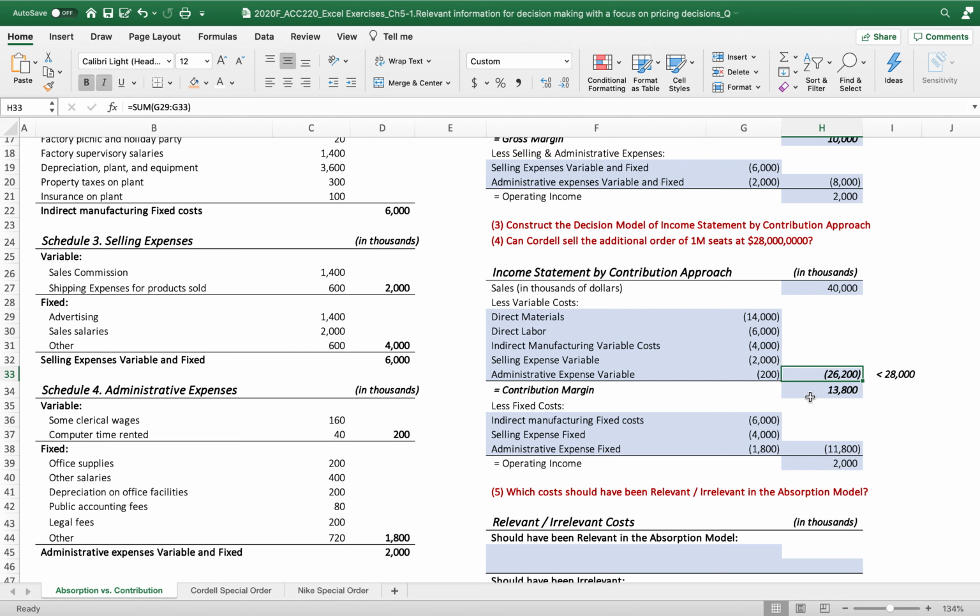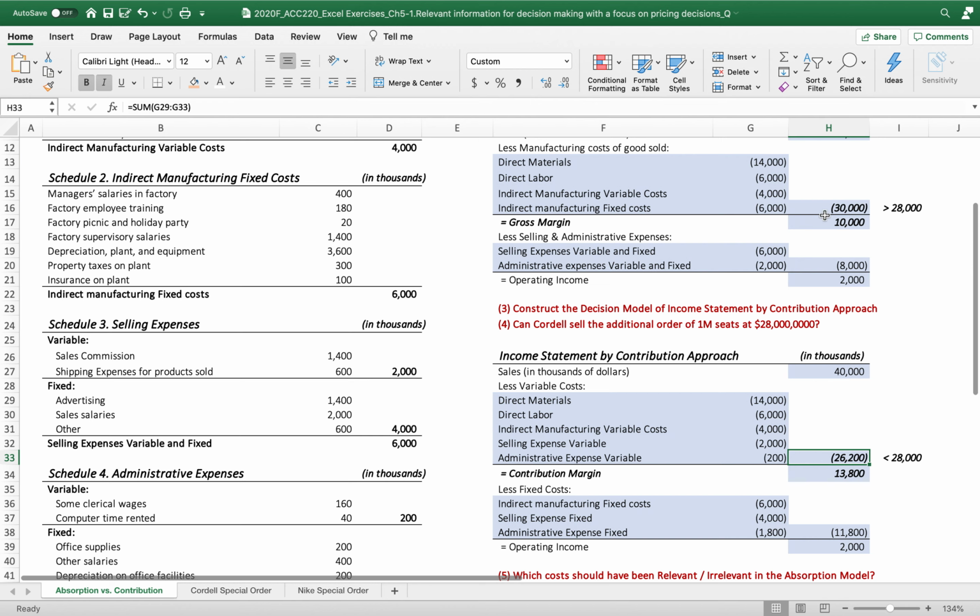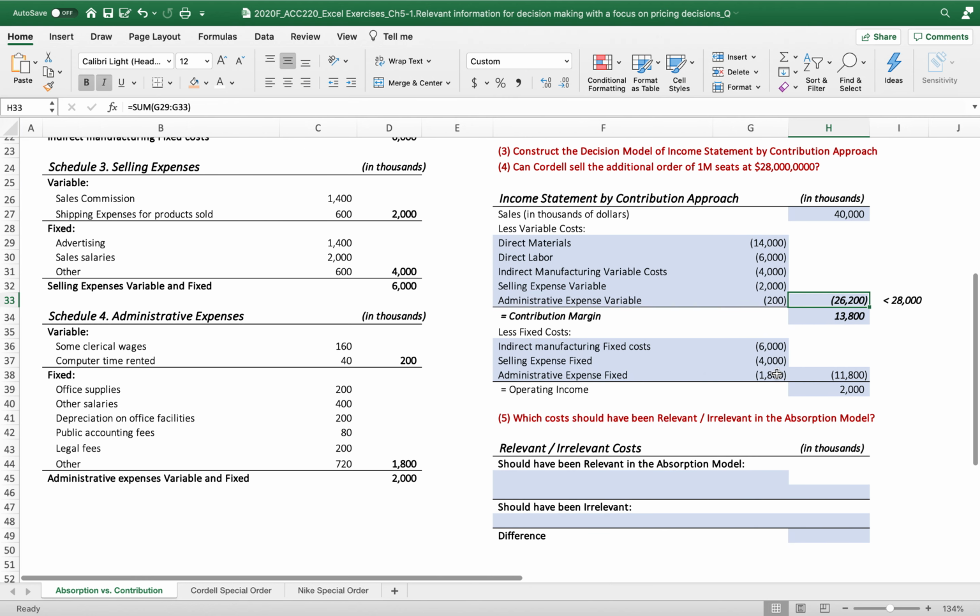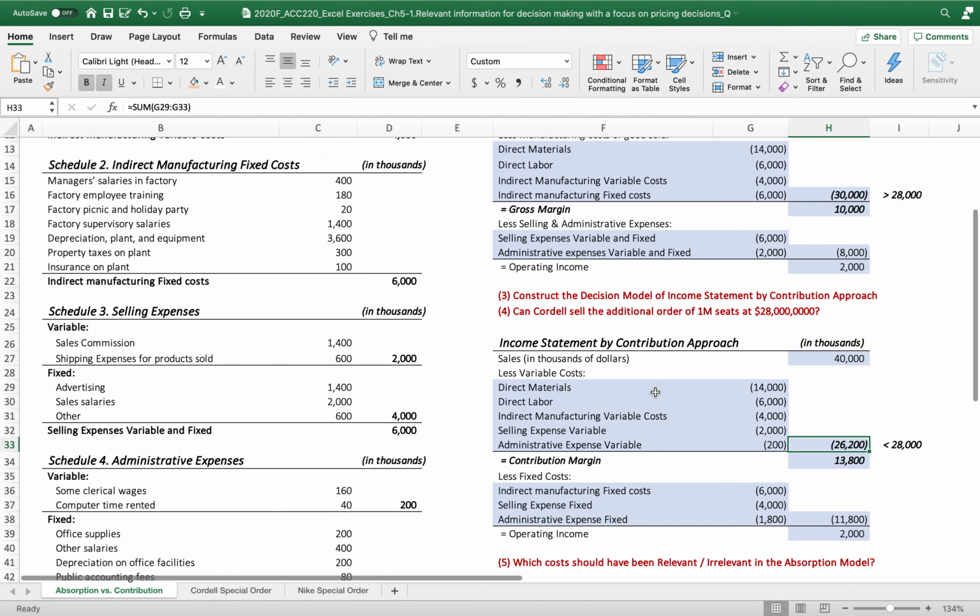We can still make more seats, so that we can make the profit to cover the fixed cost. Okay, if we did not take this order, we will lose the chance to cover this fixed cost, $8,000. Okay, so let's ask just one more time to identify which one should have been relevant in the absorption model.